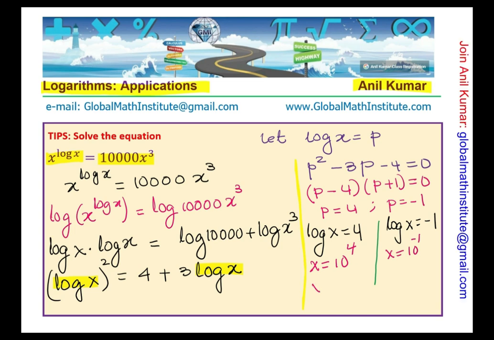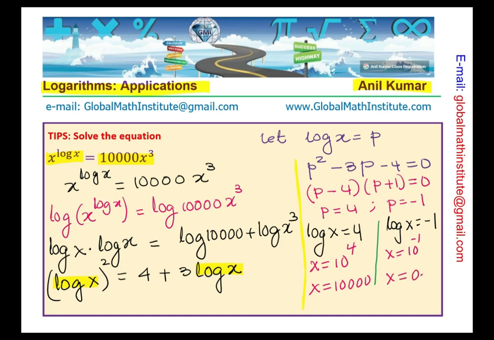So you could write x as equal to 10, 4 zeros, that is 10,000. Or you can write x equals 1 divided by 10, which is 0.10. Perfect. So that becomes the solution of this particular equation. I hope it makes sense.